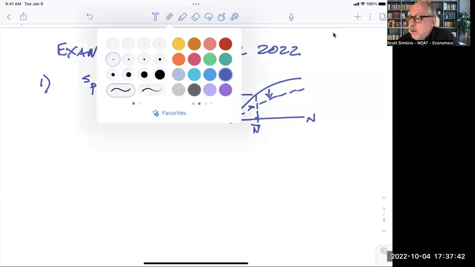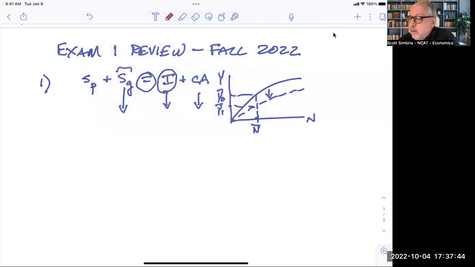All right, the only other two things in this equation: if instead of I going down, the current account went down. In other words, our trade deficit got even bigger, a more negative number. A trade deficit would be a negative current account. And if that happens, then I could stay the same.